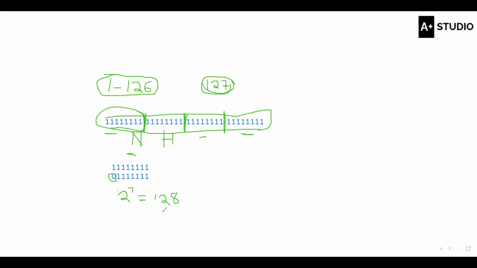When we take the minus 1 from this, it becomes 127, that is the last one right here. And the first one in here becomes 0. Then we know that this IP address is a reserved IP address, which is used for loopback or research purposes. So it automatically becomes 126 from here.